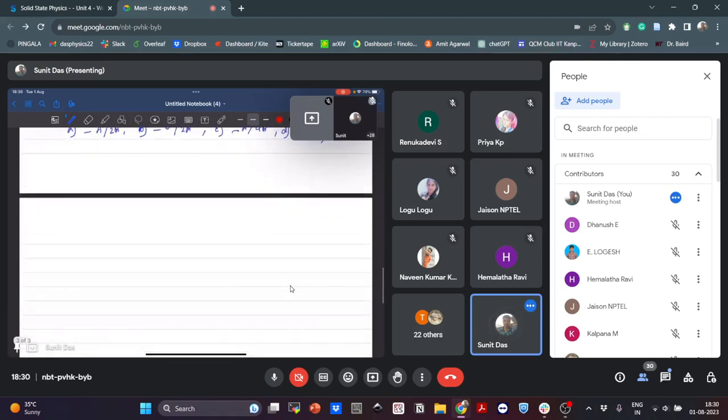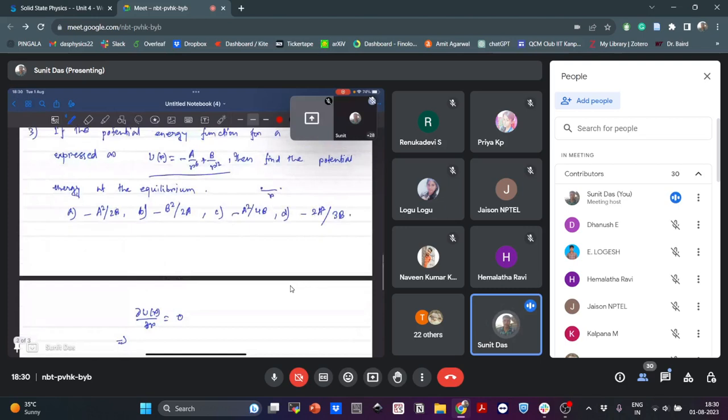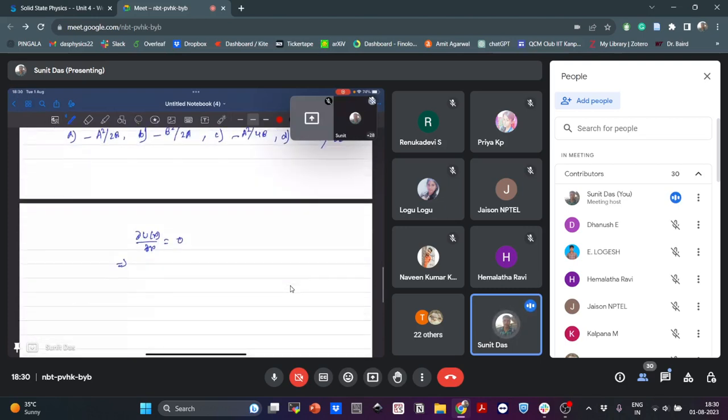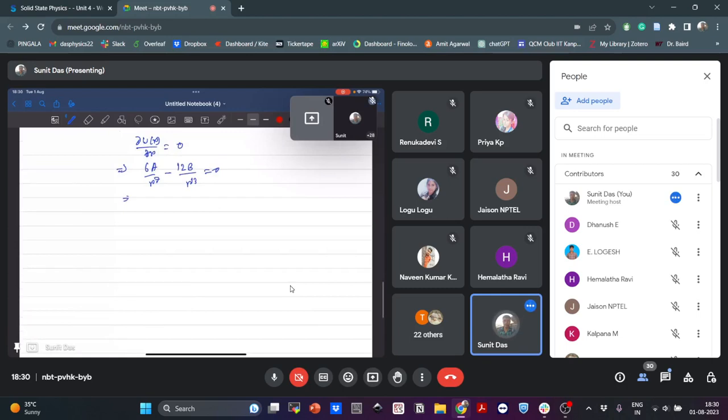So for this situation, we have del u del r equal to 0. If you take the derivative of this term, it will be 6a by r to the power 7 minus the derivative of the repulsive term, equal to 0. Let's say r equal to r naught is the equilibrium position.